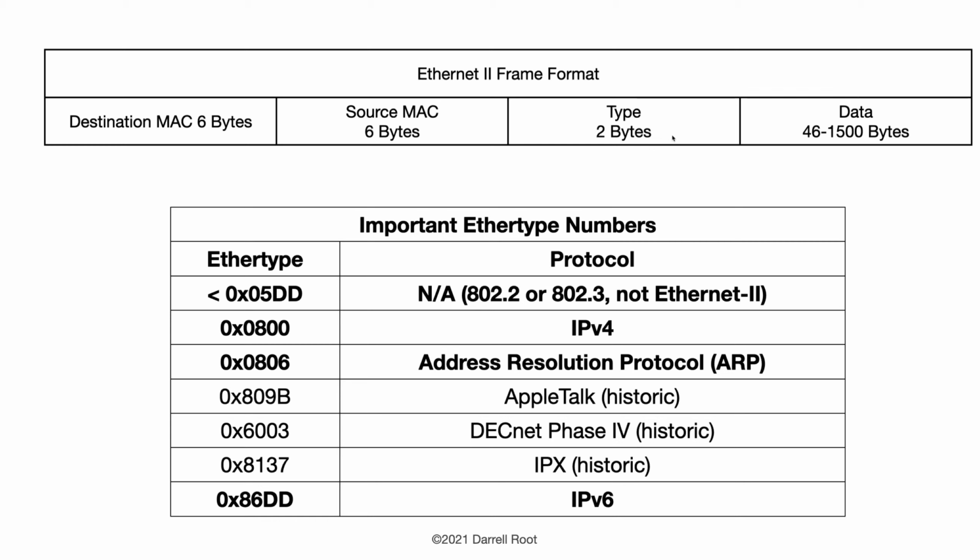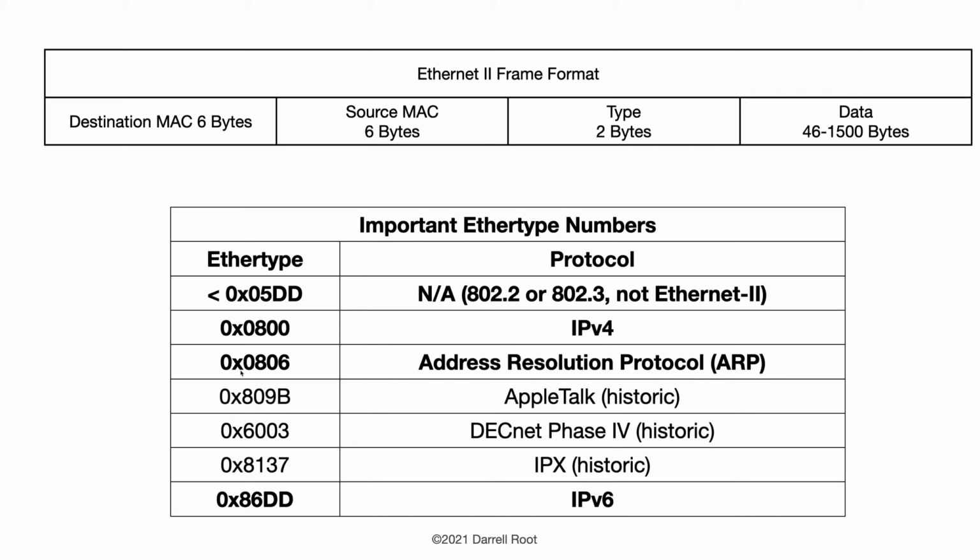Let's look at those type values. Again, if the type value is below a certain value, then it's another protocol, not Ethernet 2. If the type value is 0800 in hexadecimal format, then the data is interpreted as IP version 4.